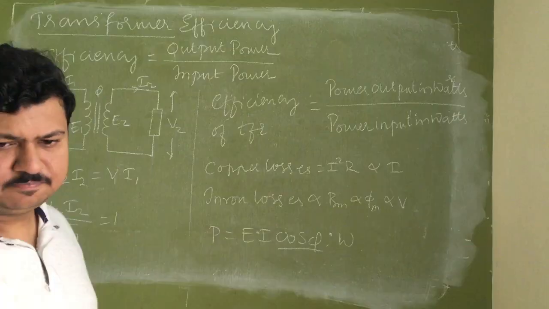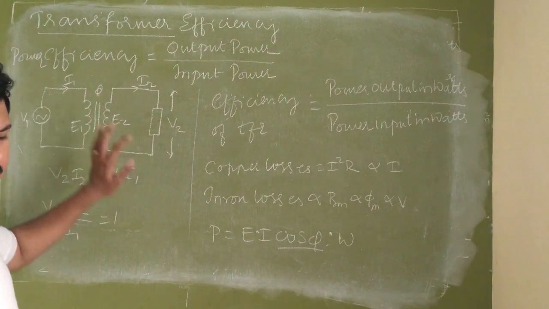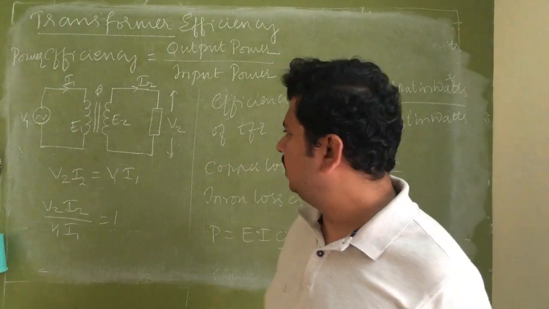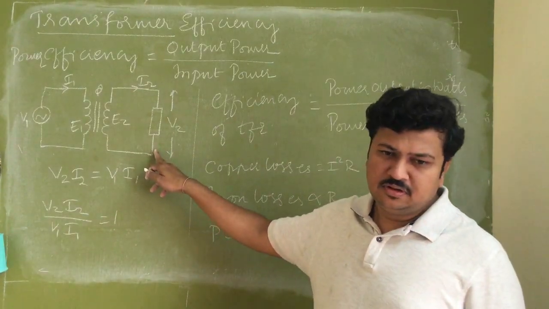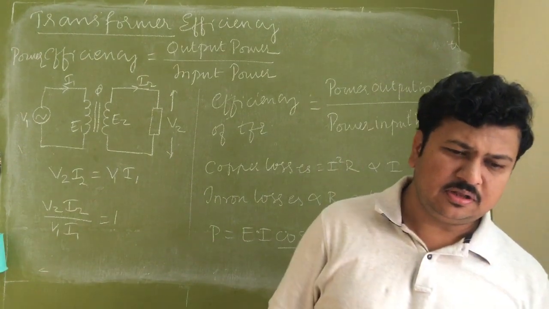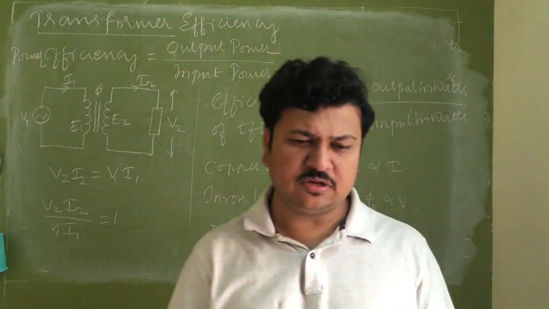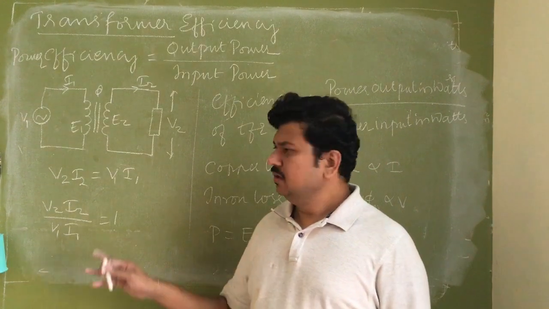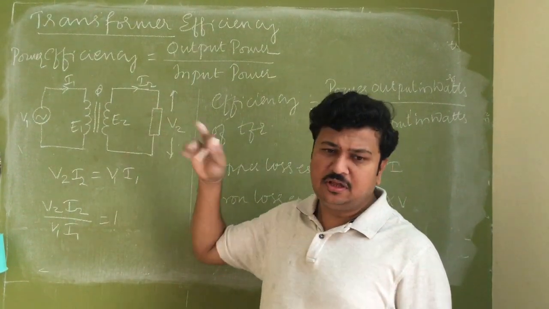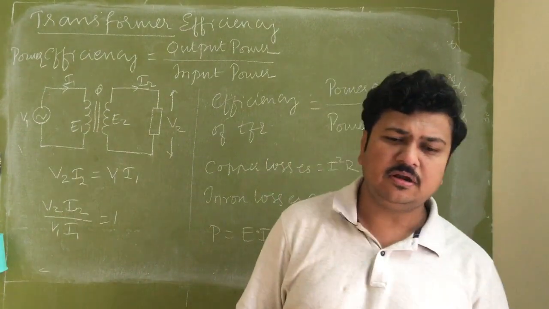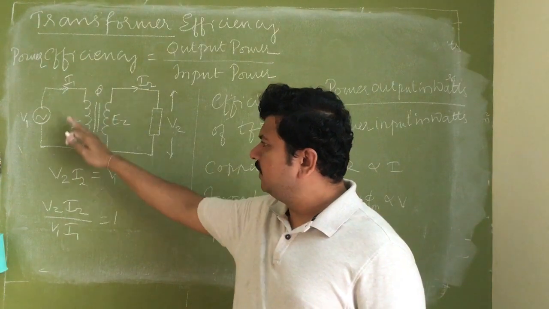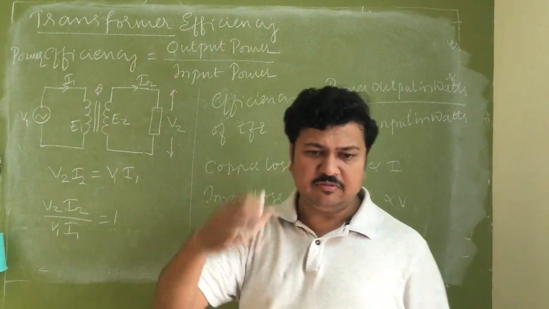But what about the transformer? Since the transformer is supplying a load which is varying infinitely, I told you in the previous class what infinite variation of the load is. Because the load is varying infinitely, the power factor of the load is not remaining constant. So the operating power factor of the transformer is continuously varying.